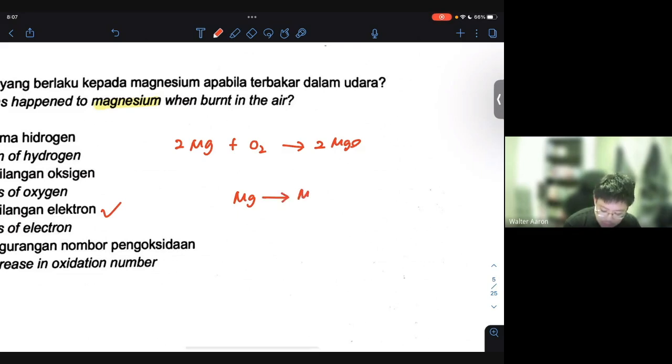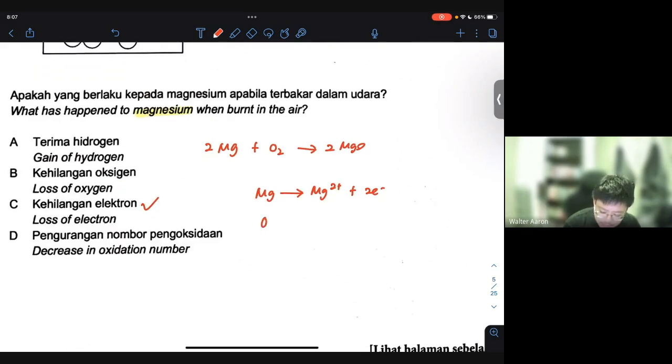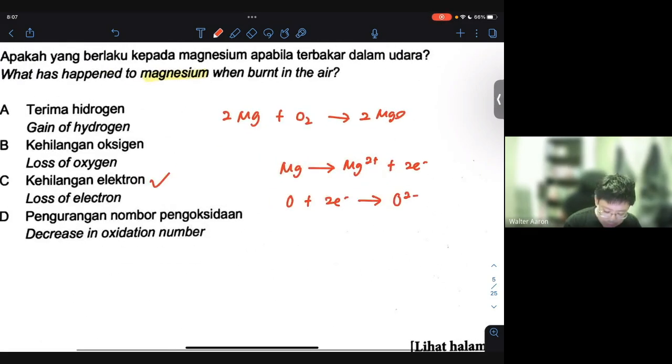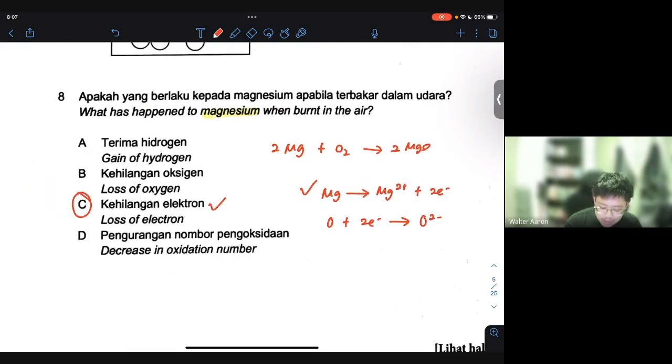So it becomes Mg2+ plus 2 electrons. And then the oxygen will receive the 2 electrons to form O2-. So because of this half equation, I will say that the answer is C, that magnesium has lost electrons.